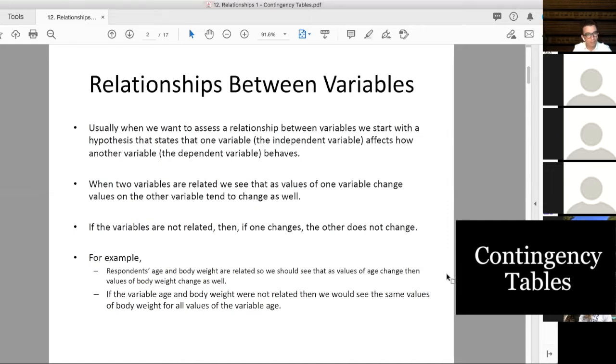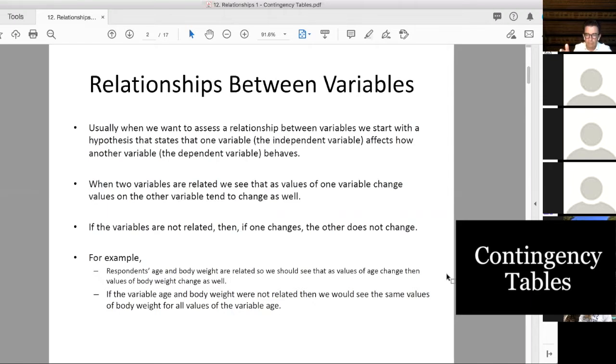And again, when two variables are related, we see that as the value of one variable changes, right? When the independent changes, what happens with the dependent? Right? When gender changes, what happens with the attitudes? If the variables are not related, and this is an important point, then if one changes, the other one does not change.